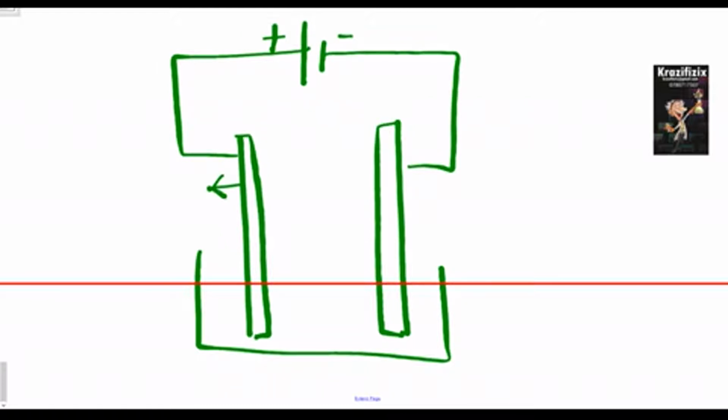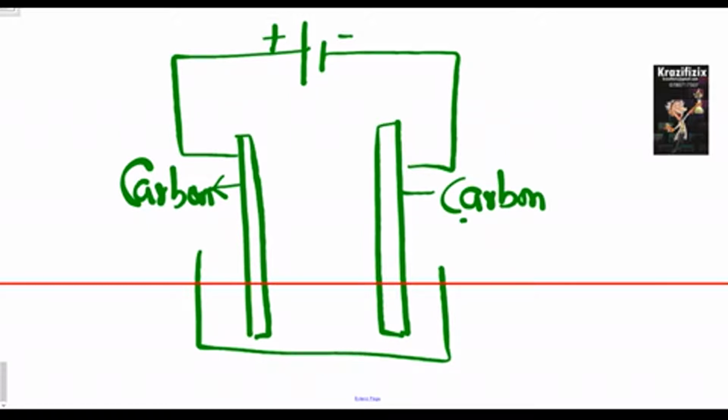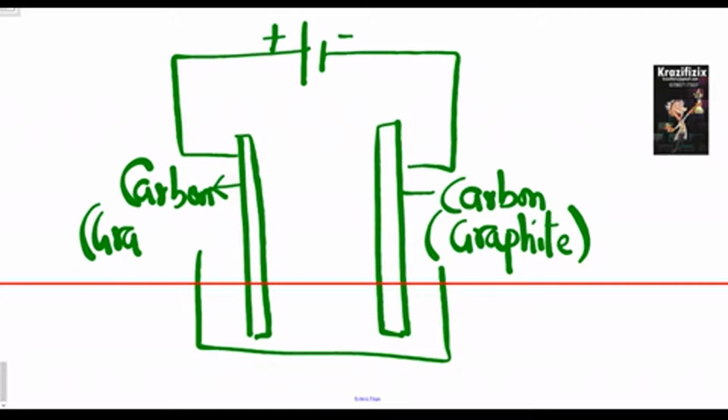Here we have carbon now. Am I right? Carbon, so we don't confuse the C. We have carbon here, which is graphite. All right? We have graphite inert electrodes. They don't react. All right? Graphite, they don't react. That's why we call them inert.